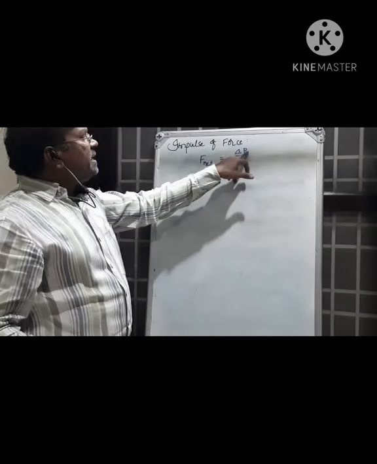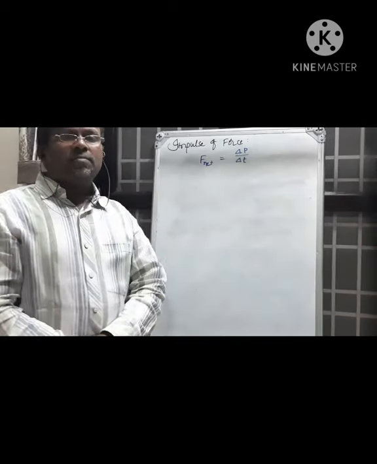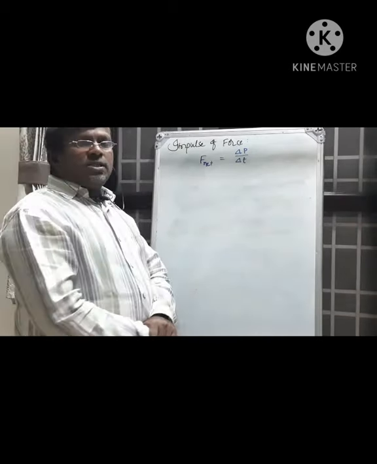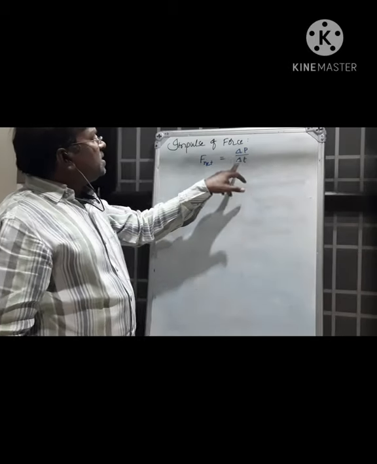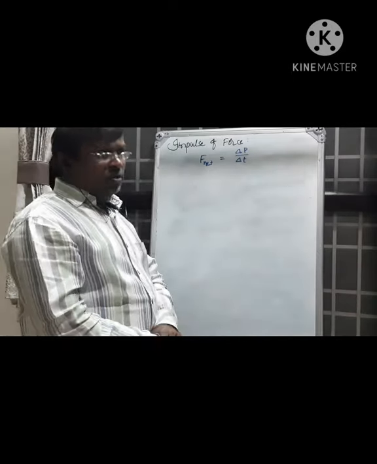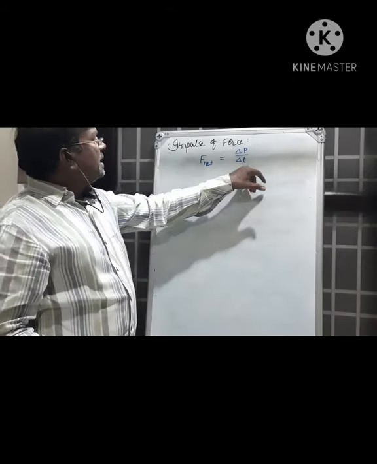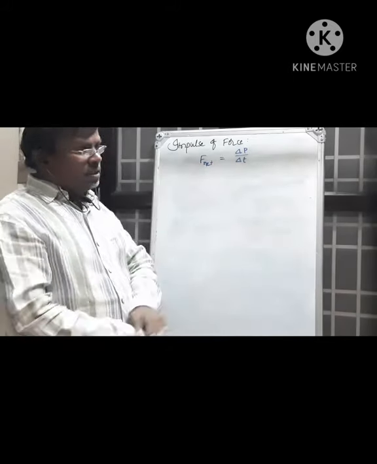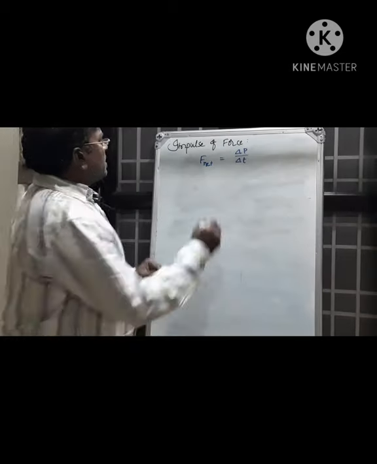Here delta P indicates the change of momentum, and delta T indicates the interaction period, the duration in which the two objects interacted and momentum was exchanged. F net denotes the net force. So this is the formula.